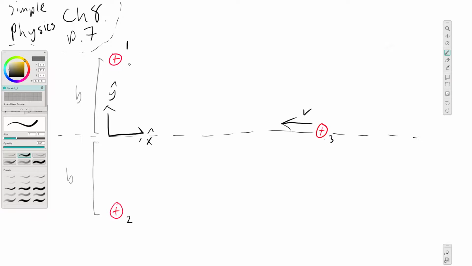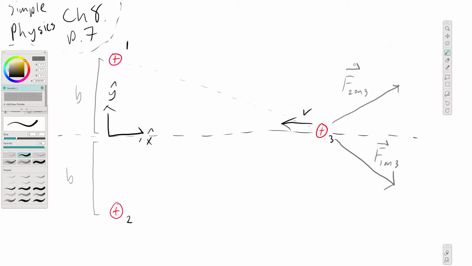We trace out the distance between the two and say, okay, if I follow that line, I get that force. This is F of 1 on 3. And I can do the same, accounting for the F of 2 on 3.